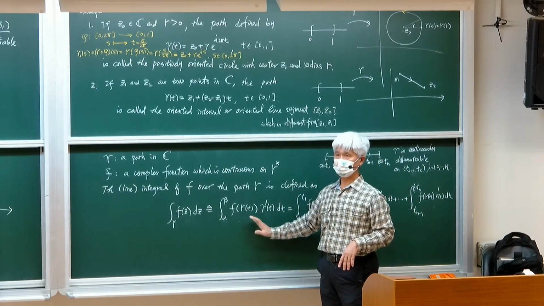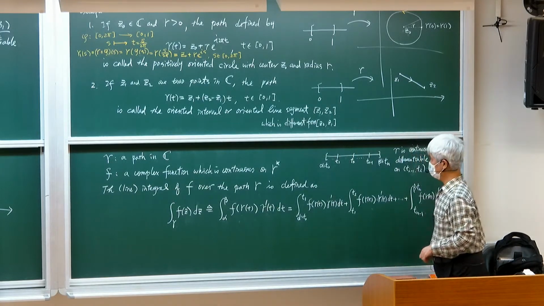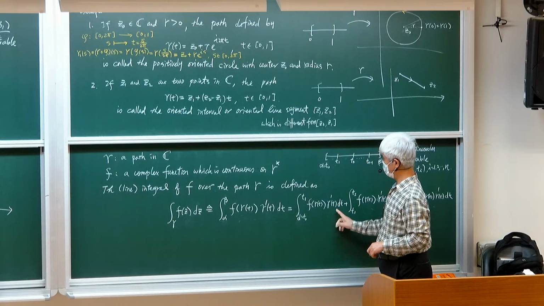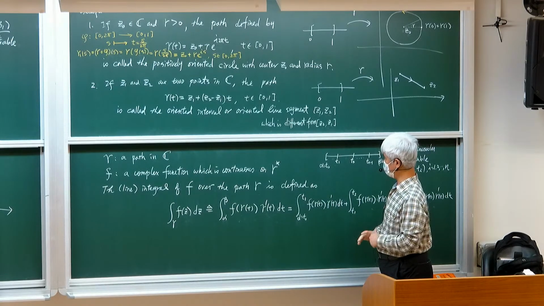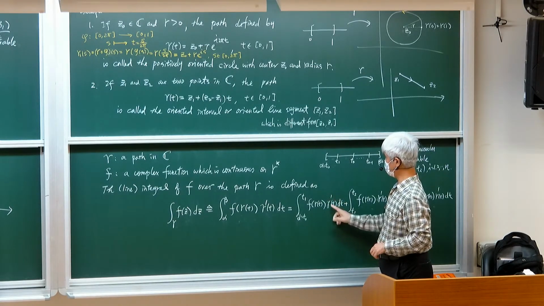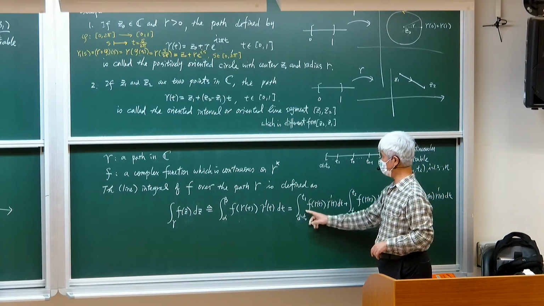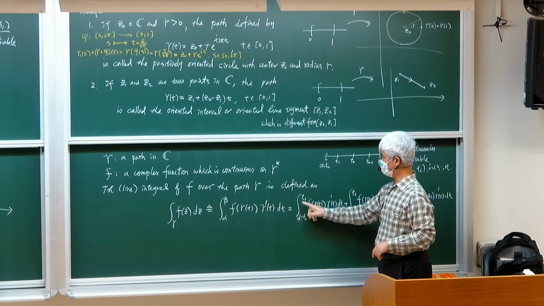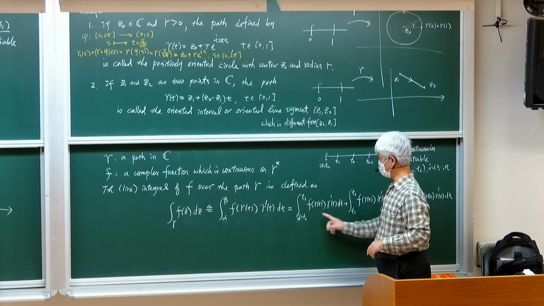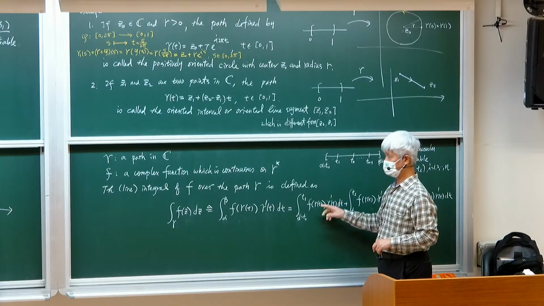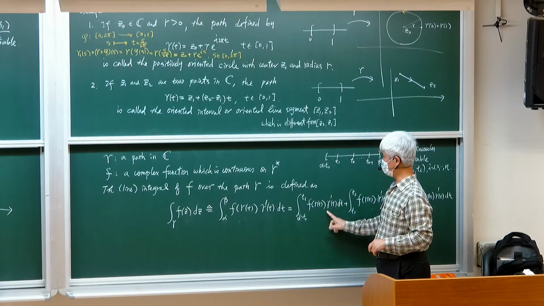Each integral is a finite value because this is a continuous function, and this is also a continuous function. A continuous function integrated over a finite interval is, by the Riemann integral theory, a finite number.